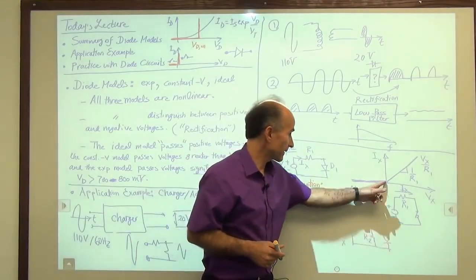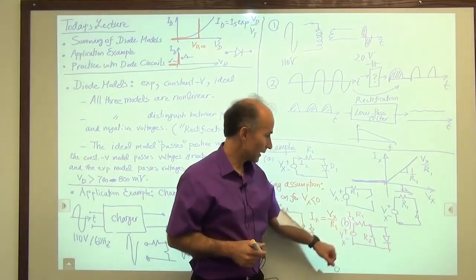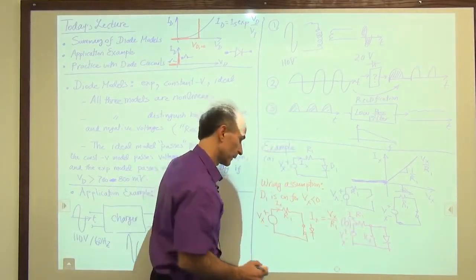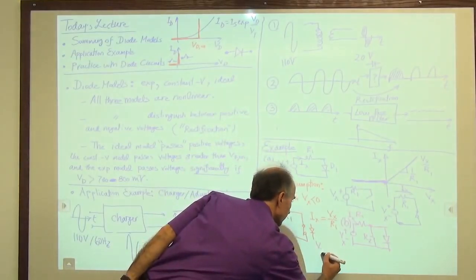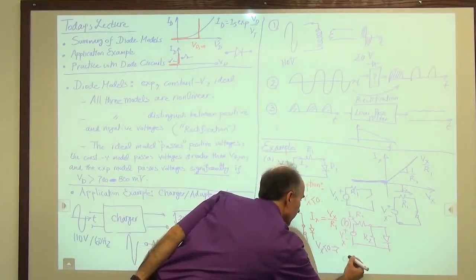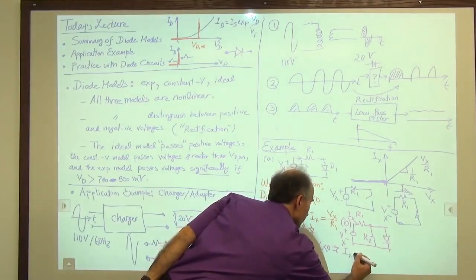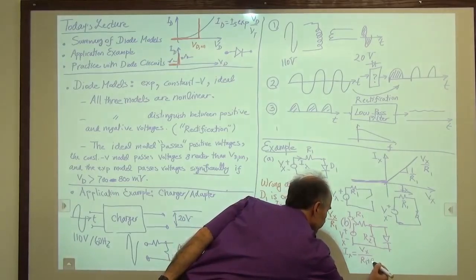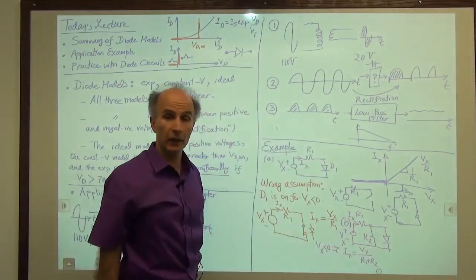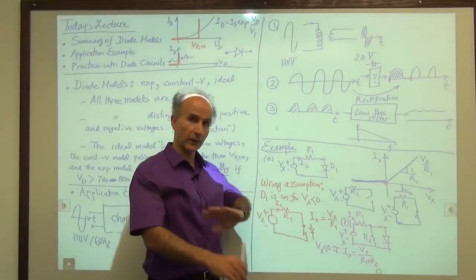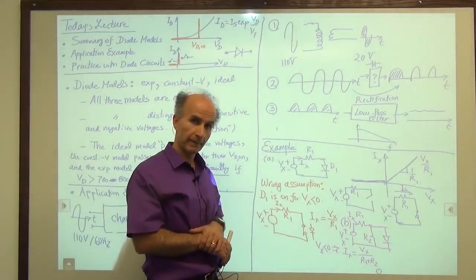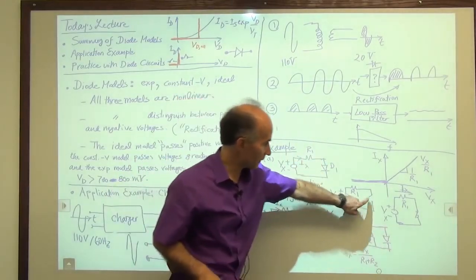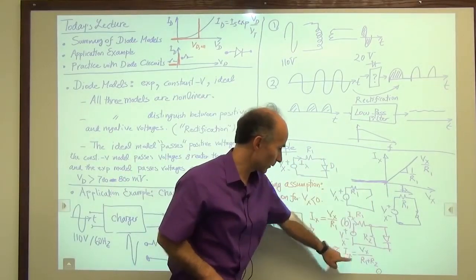So if Vx is negative, then Ix is equal to Vx over R1 plus R2, because the diode is off. The diode is an open circuit, it's gone, we don't worry about it. So that's an interesting distinction between this circuit and the previous circuit. In the previous circuit, when the diode was off, we had no current, but now we do have a current.